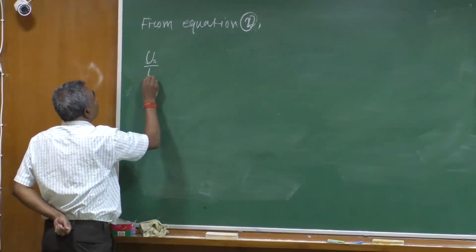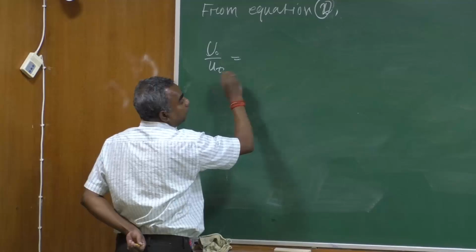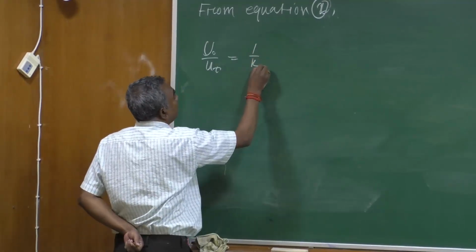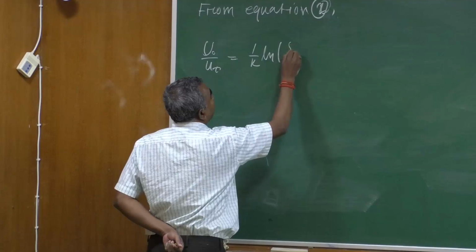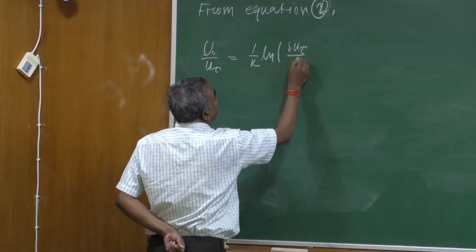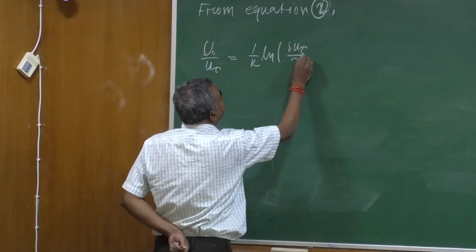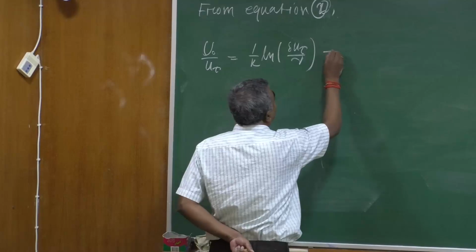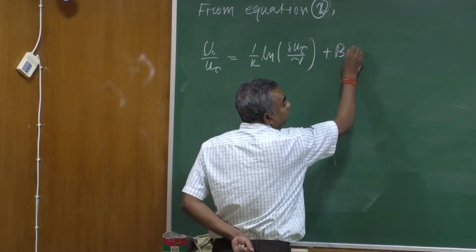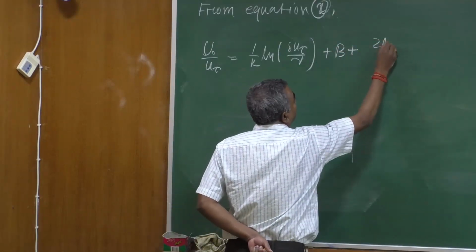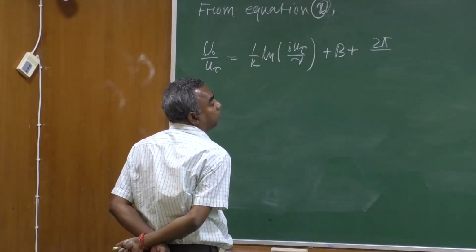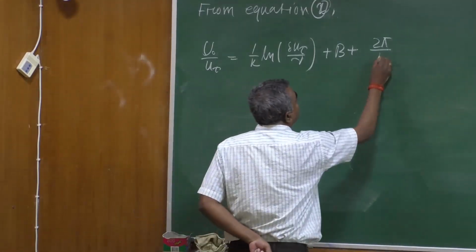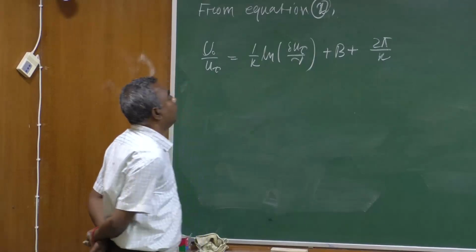U naught by u tau equals 1 by kappa ln delta u tau by nu, plus b plus 2 pi by kappa.